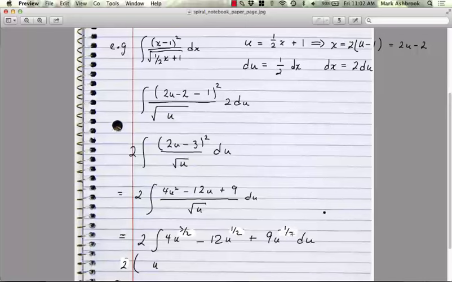So u to the 5 halves, and then 2 fifths, so 8/5, minus u to the 3/2, and we'll need 2/3. 2/3 of 12 is 8. U to the 1/2, we'll need a factor of 2, so it'll be 18.